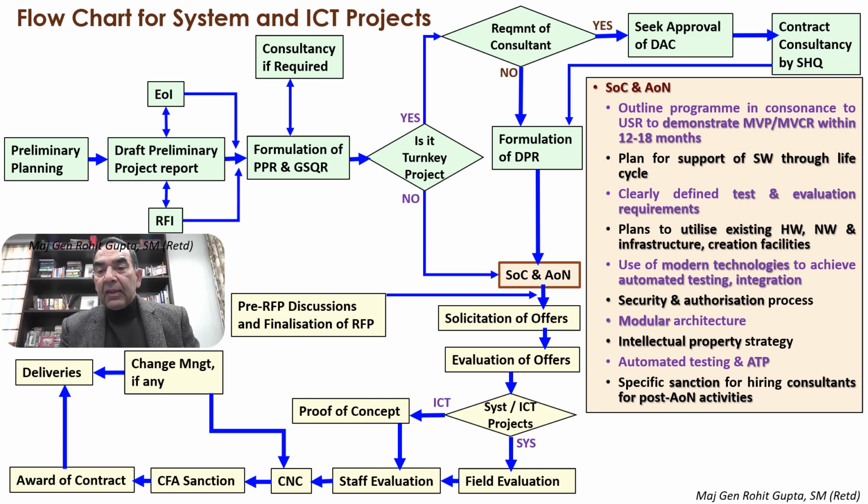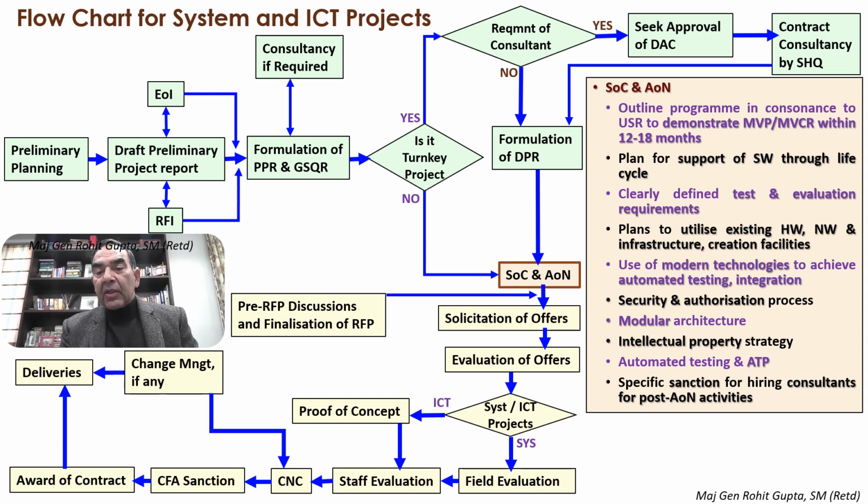What are the test and evaluation requirements is clearly laid out, along with the plans to utilize the existing hardware, networks and infrastructure when the systems would be integrated into the existing outlay. Also, what additional creation of facilities would be required.